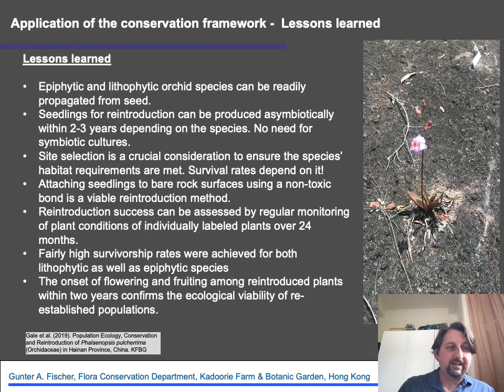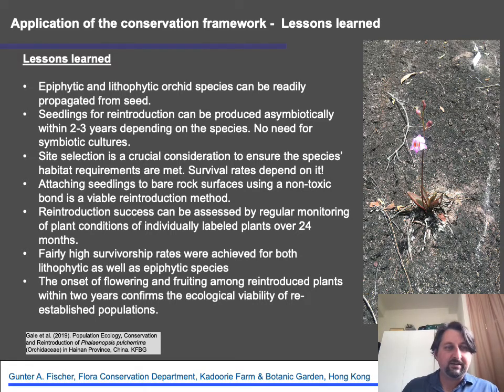The reintroduction success can be assessed by regular monitoring of plant conditions of individually labeled plants over a period of at least 24 months, but it would actually be better to do so over a longer period of time to assess population trends. We achieved fairly high survivorship rates for both lithophytic as well as epiphytic species.